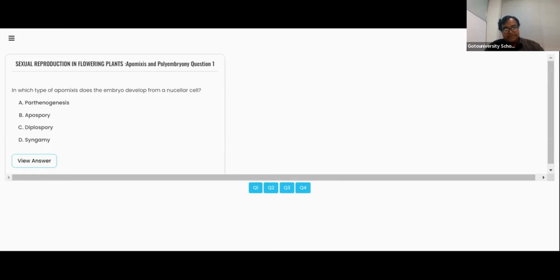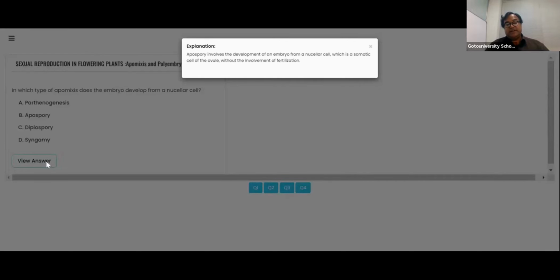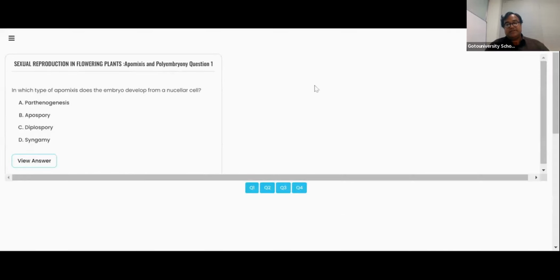We are going to discuss in detail how apomixis works. The answer is that apospory involves the development of the embryo from nucellar cells. These nucellar cells we'll discuss in time, right?